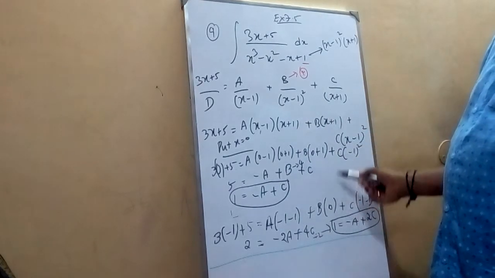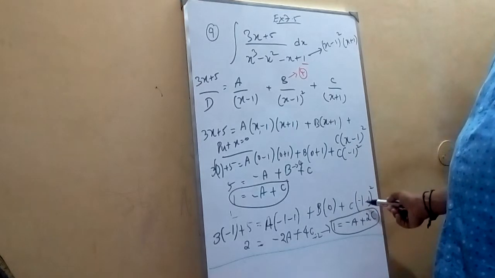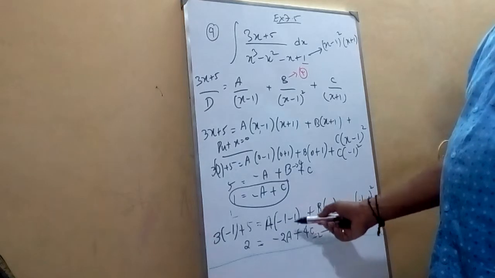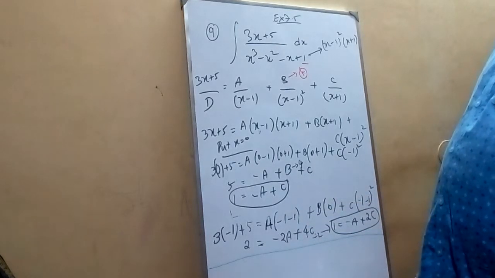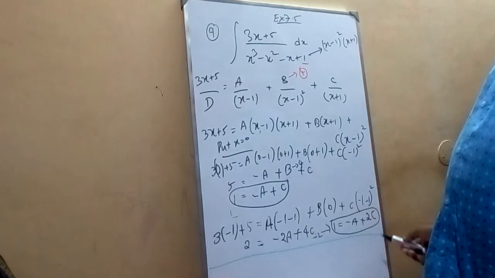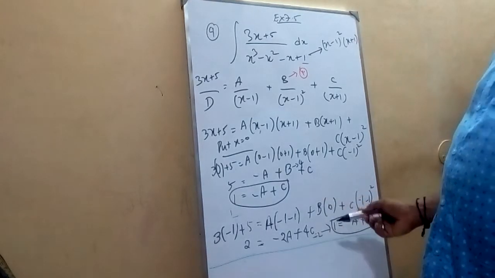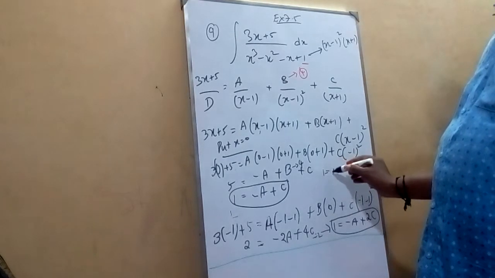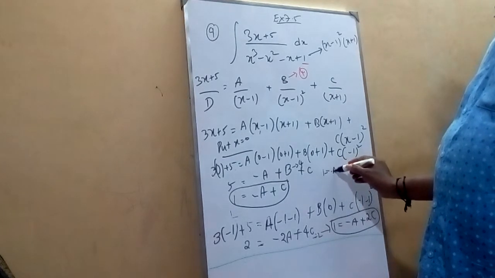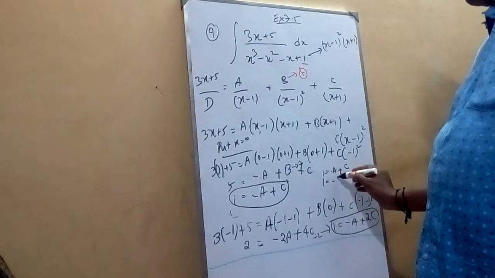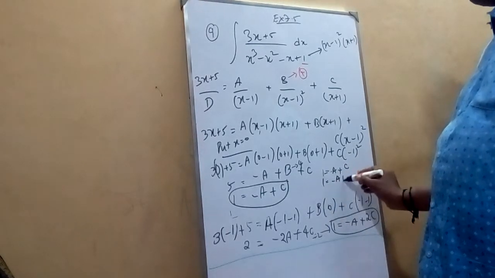I put minus 1, 0, minus 2, minus 2 the whole square, 4, minus 2a is equal to 2. 1 minus a plus 2c is equal to 6. So now add these two. So it is 1 minus a plus c, 1 minus a plus 2c.